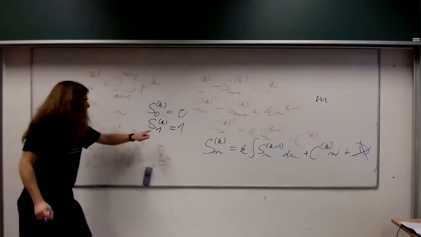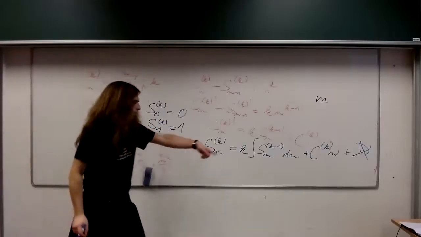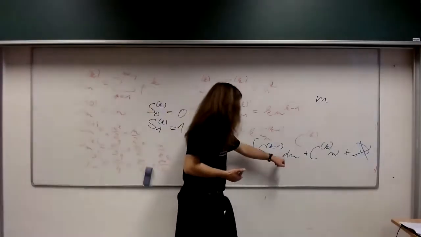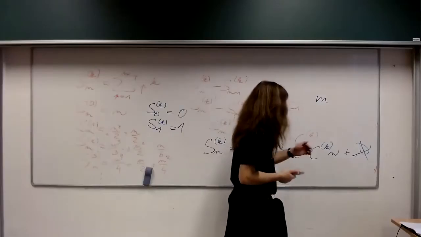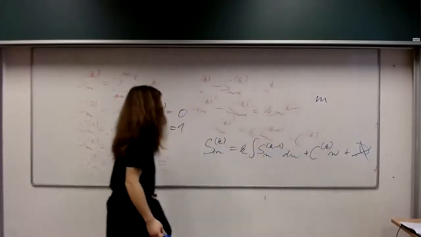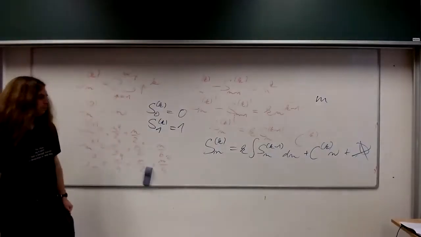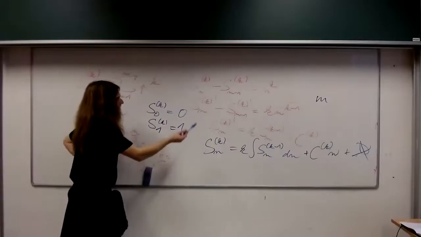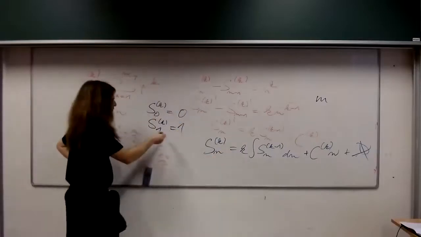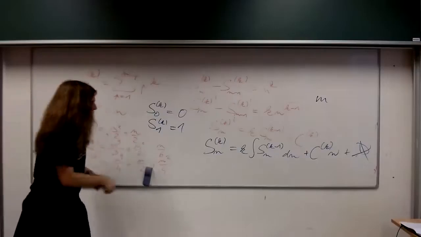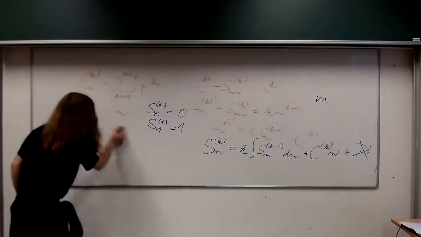And now if we plug that 1 into this, we will get some known coefficients here in this integral. And the only thing that is not known is this ck. So we can just get its value by saying that it needs to sum to 1 with all the other coefficients. So that's quite a nice thing.